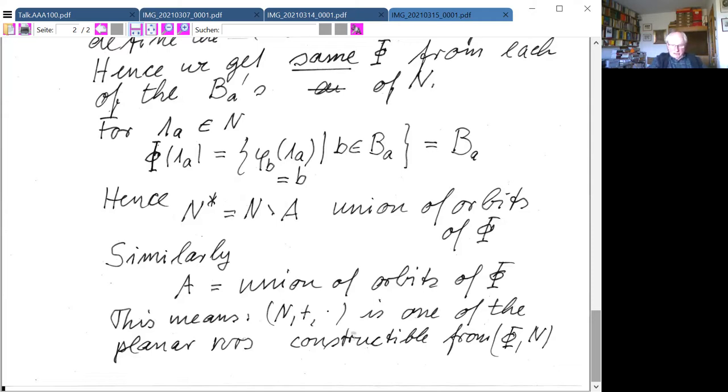Lie always wanted to find combinations between near-rings and geometry.